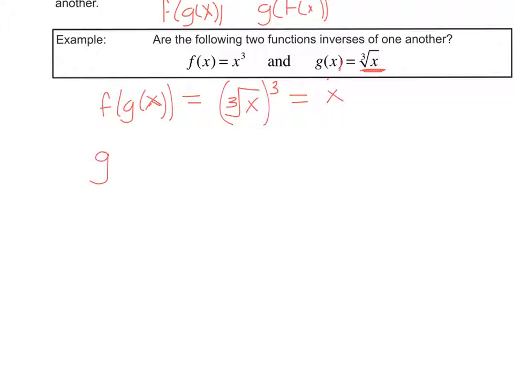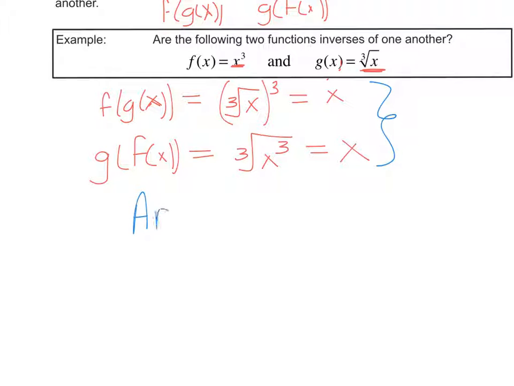And if I do the opposite, g of f of x, I plug x cubed in for that x, and I have the cube root of x cubed, which is x. Since these are equal, that means these are inverses. Obviously this one's very simple, but this is one way to test if two things are inverses. It's not a bad test.